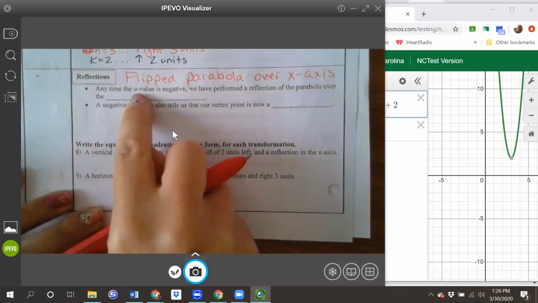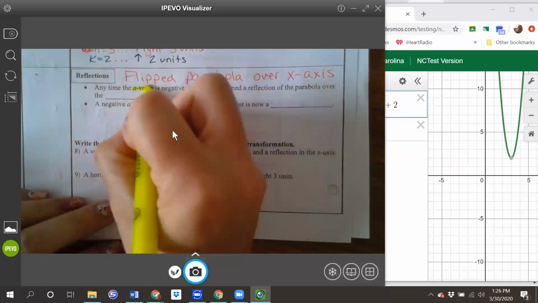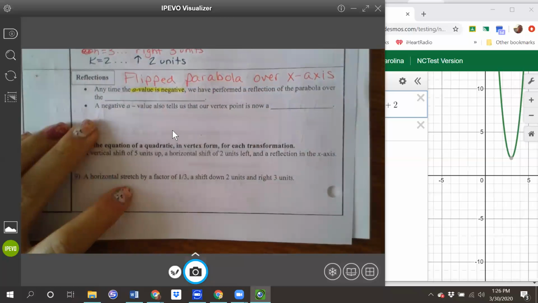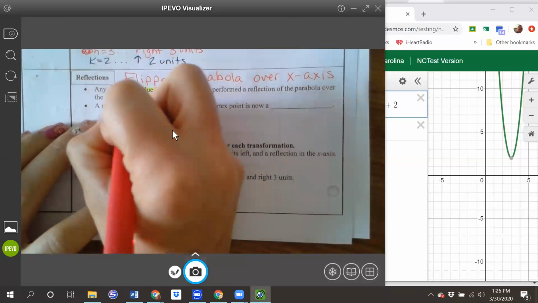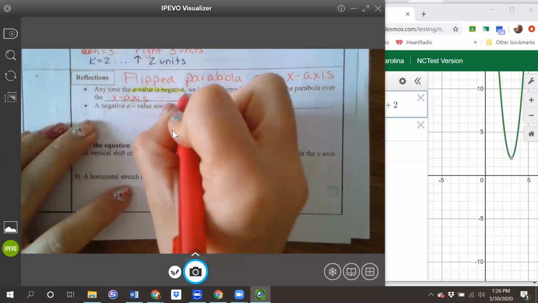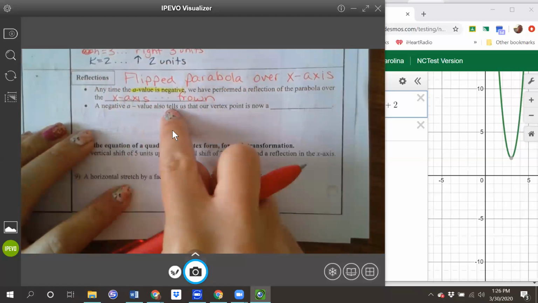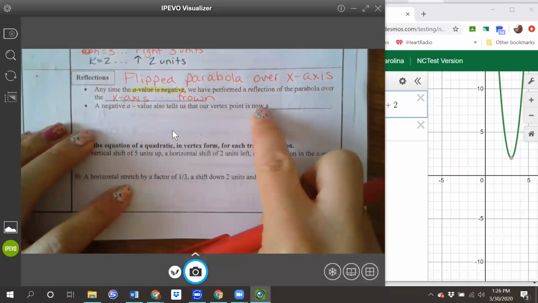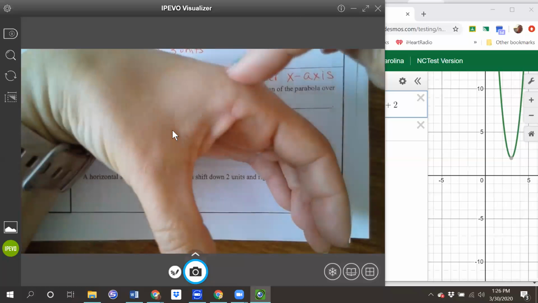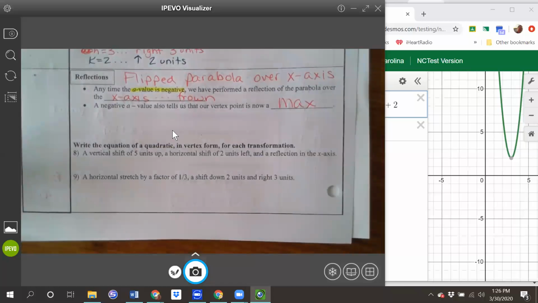Anytime the A value is negative, we have performed a reflection over the x-axis, which is going to make it a frown. And a negative A value, if it's a frown, that tells us that our vertex point is now on top. So it is now a maximum point.